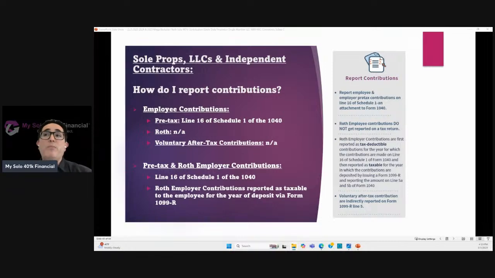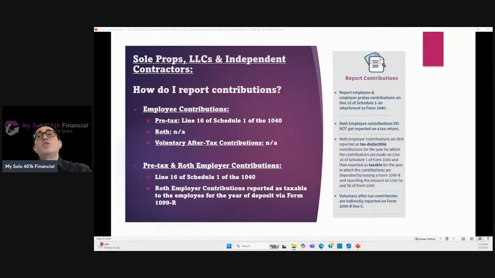So if they're deposited in 2025, but made for 2024, it'll reduce the taxable income on the 2024 return, but raise it on the 2025 return. It needs to ultimately be taxable because it's being made on a Roth basis. So when those funds are deposited to that Roth account, it needs to be made on an after-tax basis. And then like any Roth contribution, you've got that potential for tax-free growth.